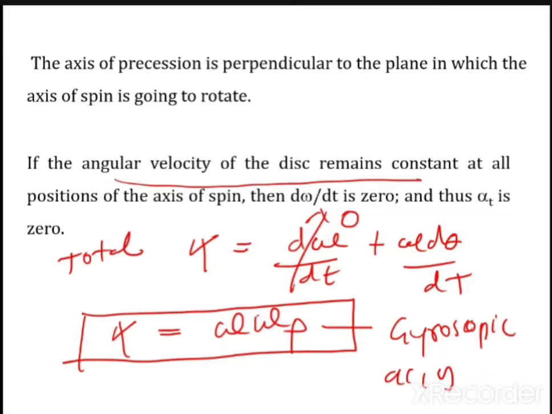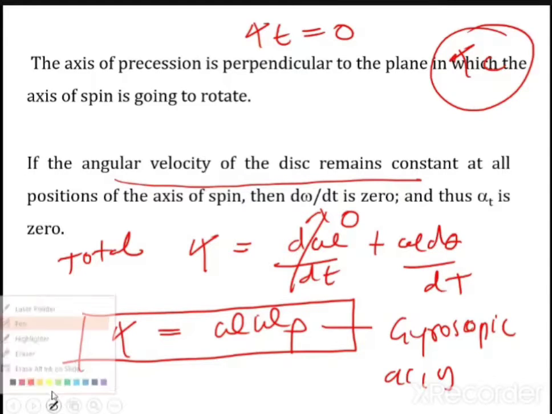And when alpha t is equal to 0, that is only alpha c, then omega into omega p is called the gyroscopic acceleration. Now tell me, have you understood this gyroscopic acceleration or not? Is it clear? I hope you have understood what is omega p, what is axis of spin, what is axis of precession.